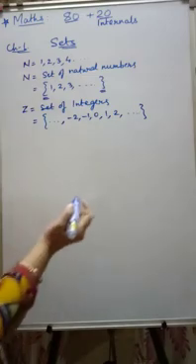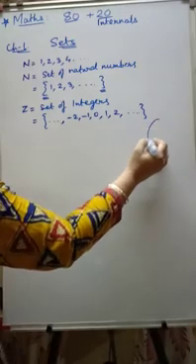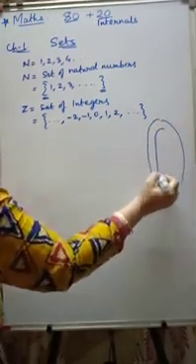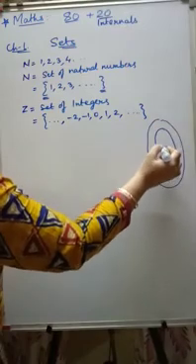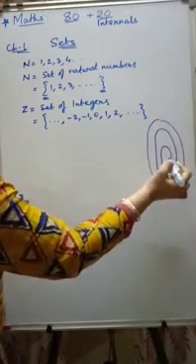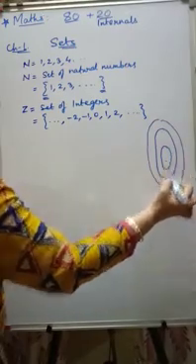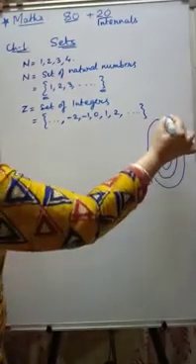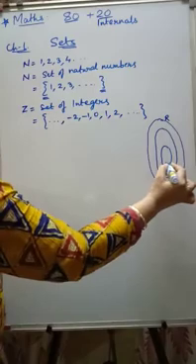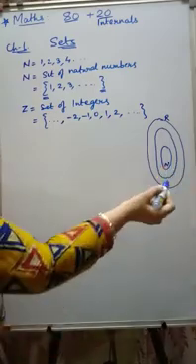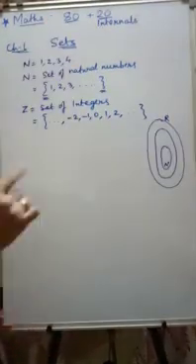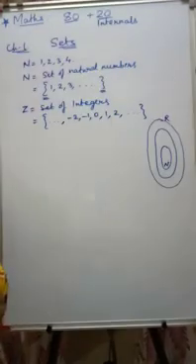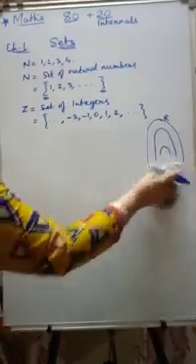If I draw a circle, this is the real numbers, then a few numbers come inside, and the innermost will be the set of natural numbers. This is R, this is N. I'll teach you this when we do subsets of a set, how to find the subsets of a set. That time it will be more useful for you.